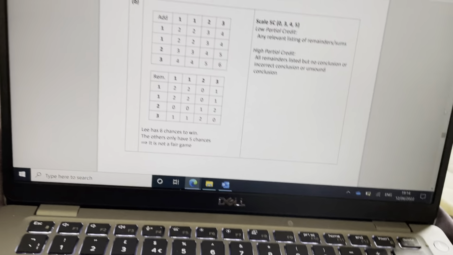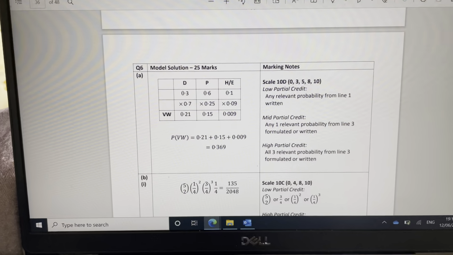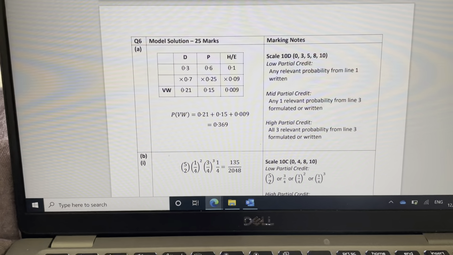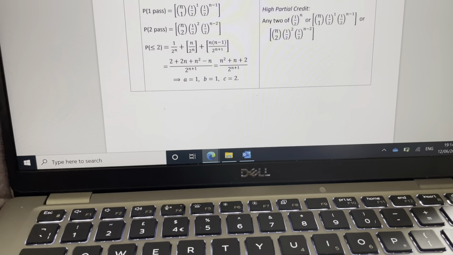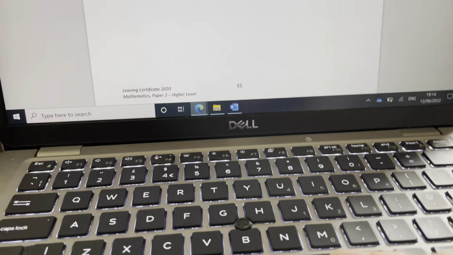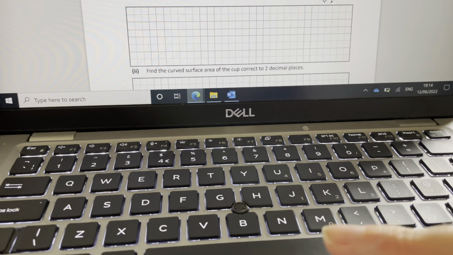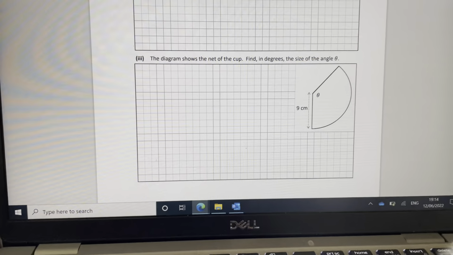Let's see. Yeah, 1, 1, 2, yeah. So adding them both together, you get that. Okay, so there are your coefficients. That's an interesting probability question and something to just be aware of and watch out for.